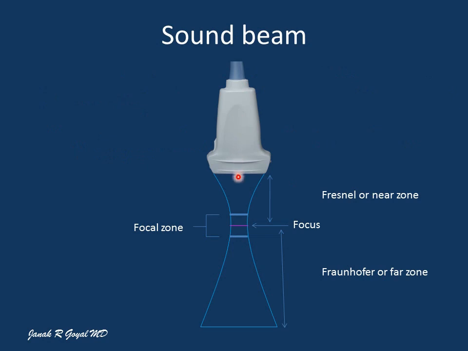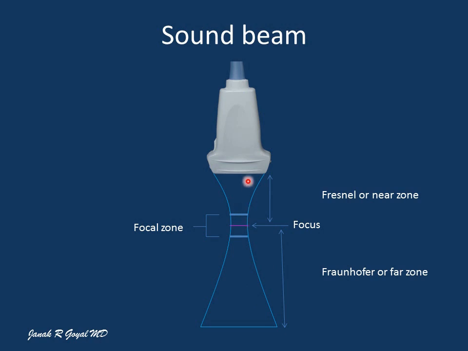Here is your transducer and here is your sound beam. After exit from the face of the transducer, the sound beam progressively narrows to half of its diameter. After the focus, the sound beam progressively widens as it travels to the deeper areas. The focus is the narrowest point of the beam diameter.